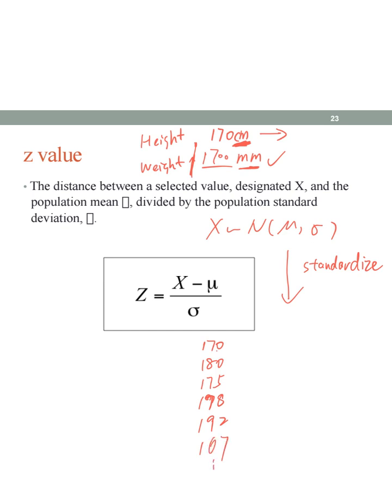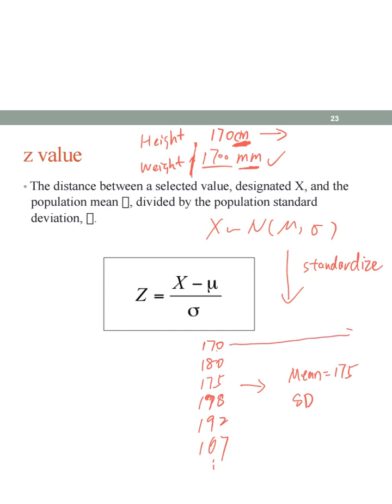To get the standardized version, I find the mean of this distribution, and then find the standard deviation, using my original data. For example, suppose I get a mean value equal to 175.